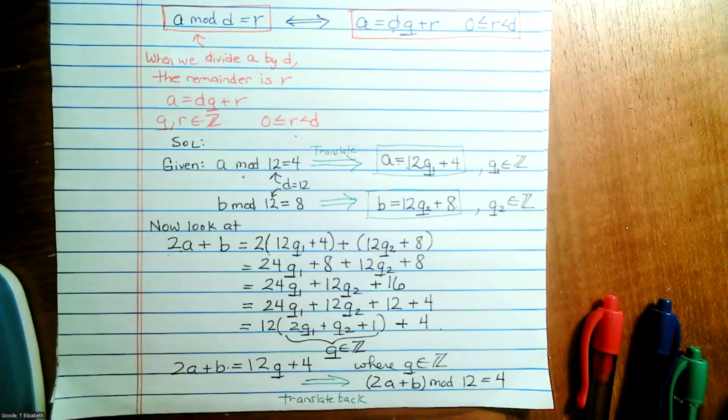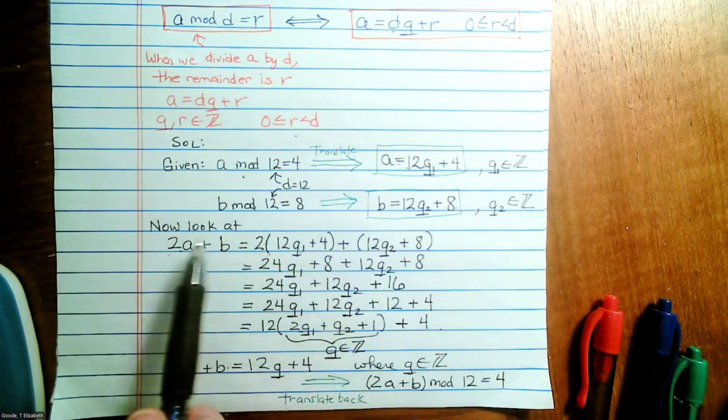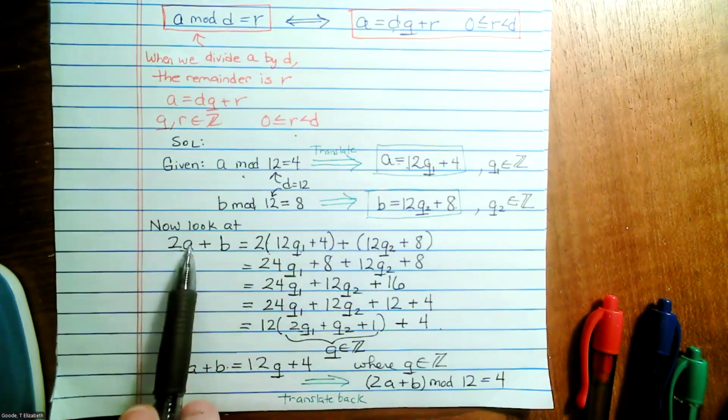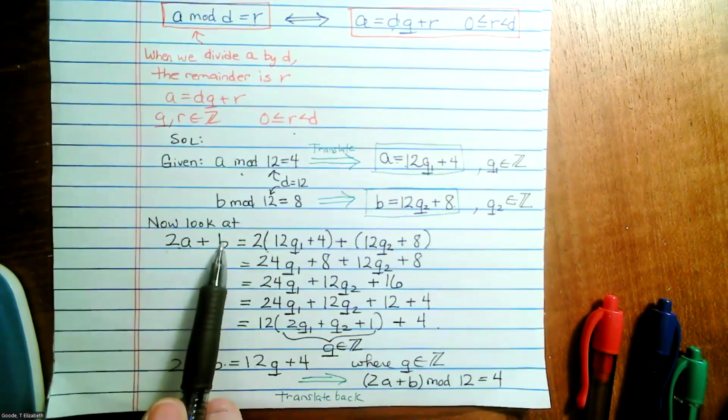So I suggest you look at day 12 notes, look at the book. We're just basically trying to figure out the remainder that we get when we divide 2A plus B by 12.